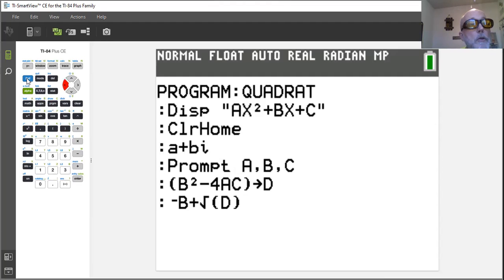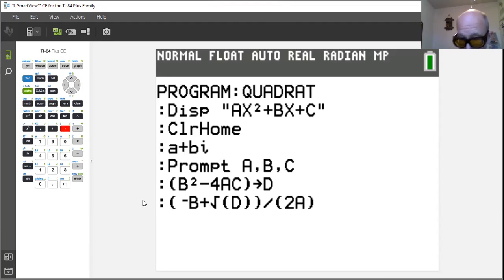And I'm going to insert a parentheses. So I'm going to divide the whole top. So I have to close that parentheses. I'm going to divide that by parentheses 2 times a. If you recall, that's what it is.